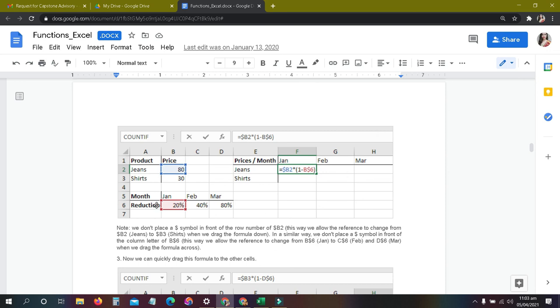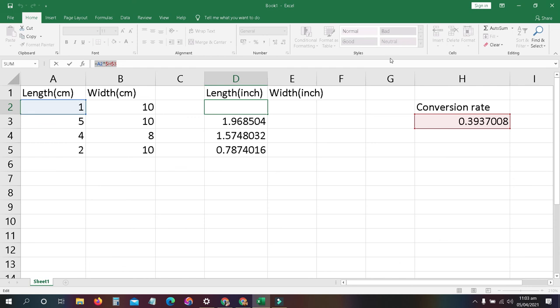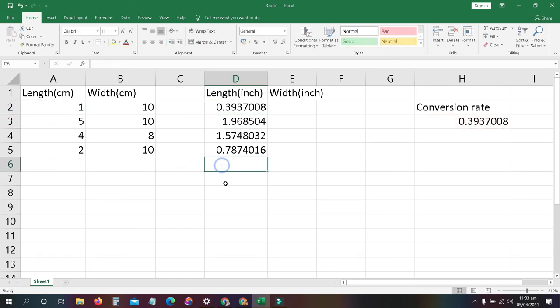Why in this example is it the number that has the dollar sign? When you say mixed reference, guys, for example, this is a mixed reference.